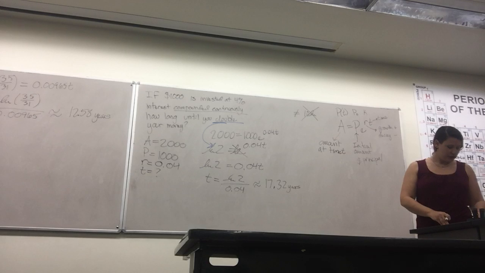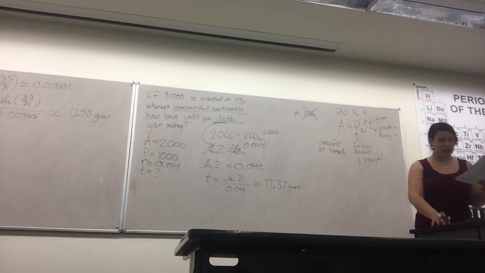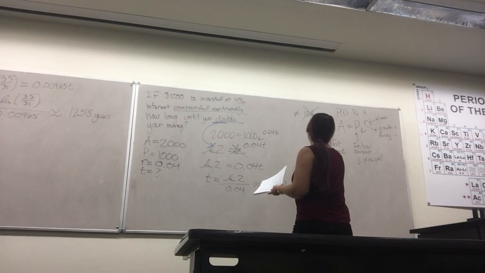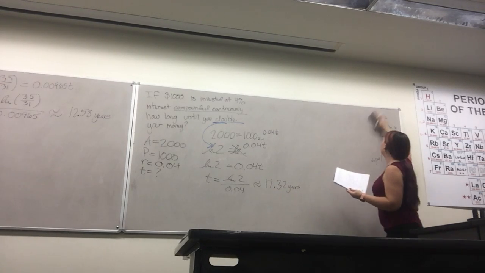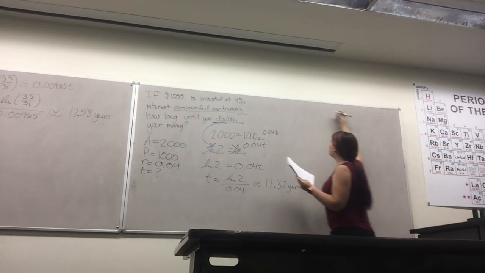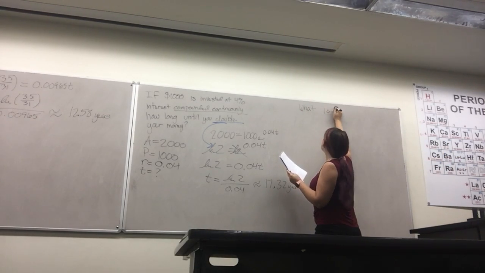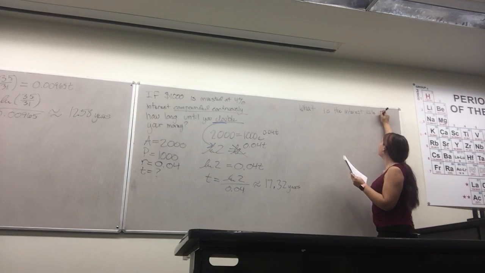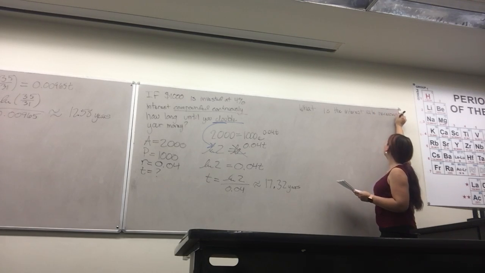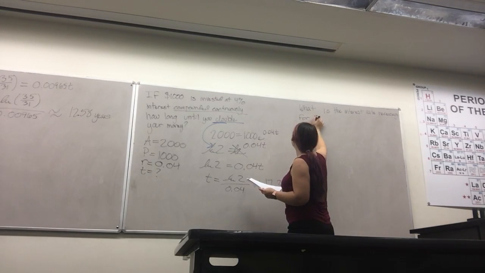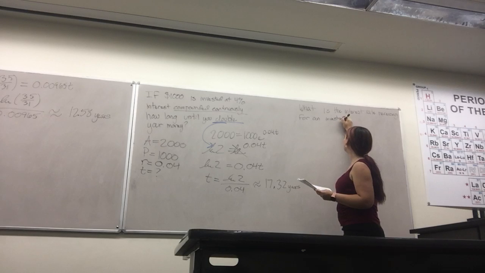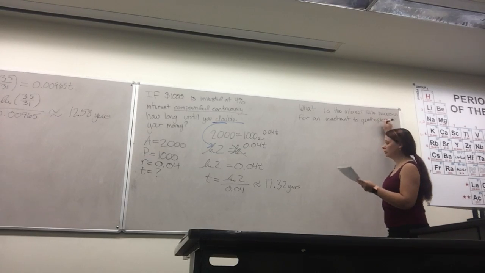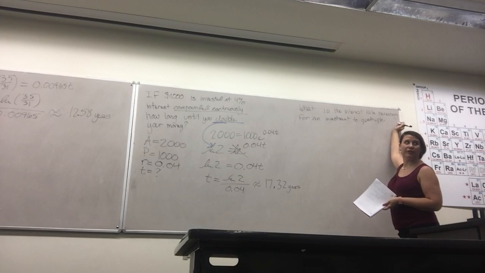Okay, so now we have a similar problem. So we want to know what is the interest rate necessary for an investment to quadruple, so that's times 4, right?